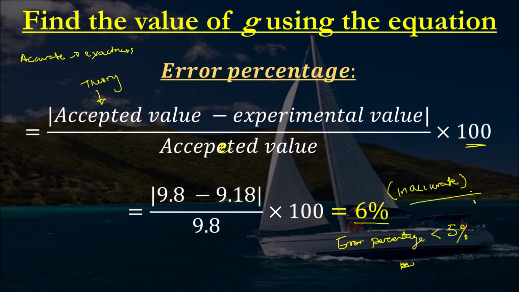Okay, and this is one of the key things in experiments where they ask you in physics, is this an accurate, reliable, valid experiment? You can't be hesitant. You can't just say, I know this number here, 6%, it's a very small number, but it's still bigger than 5. So it's an inaccurate experiment with areas you can improve on. And then you can elaborate, the percentage wasn't very big, some minor things you can do.